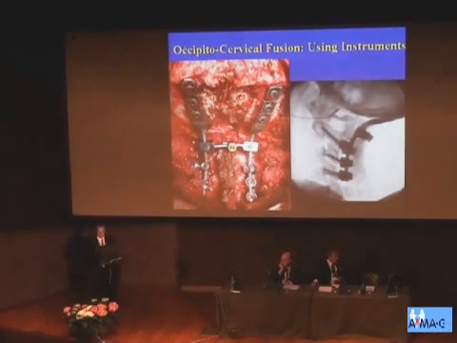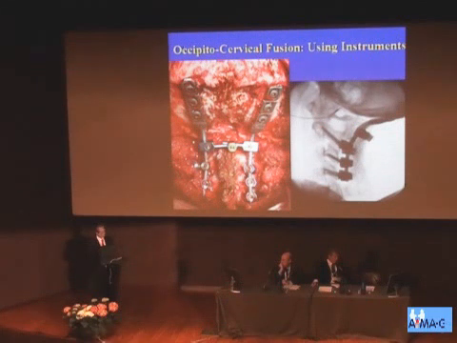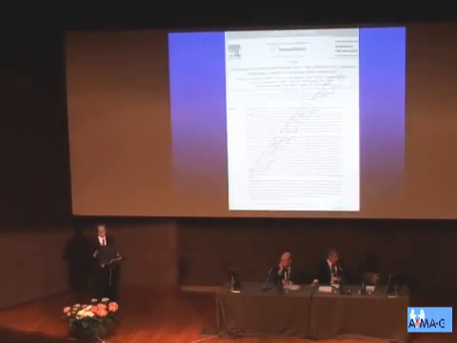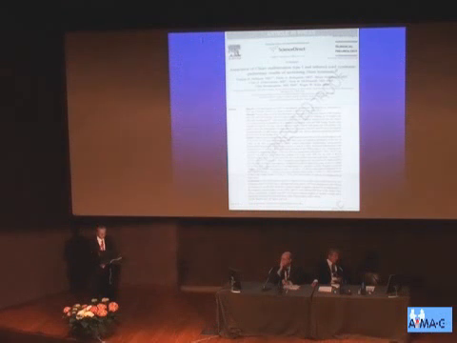And what we do, this is not just a fusion, this is a fusion in extraction. The patient's head is put up and held up by this type of instrumentation. We often use osseous grafts as well. So that has occupied quite a bit of our time and attention.